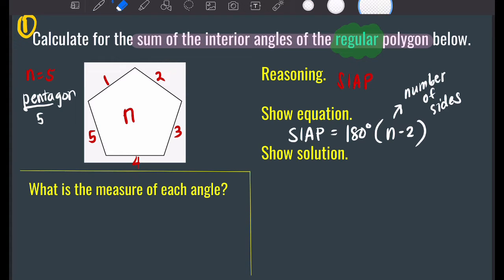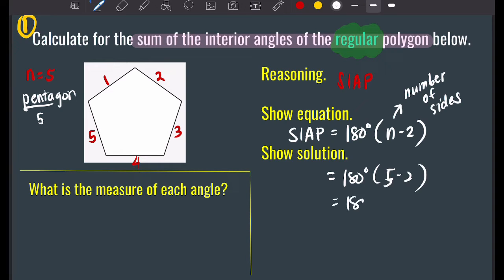Show your solution: 180 degrees times (5 minus 2), 180 degrees times 3, which gives you 540. So the sum of the interior angles of this pentagon is 540 degrees.